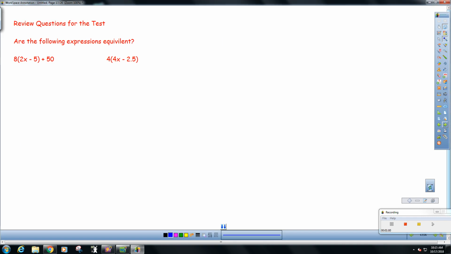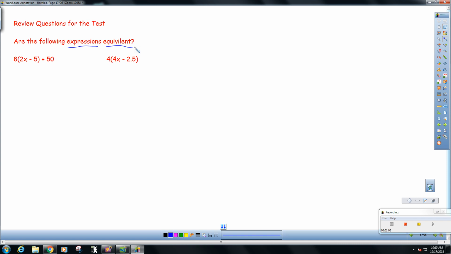Alright, so these two words confuse kids. Are these expressions equivalent? I think you might be able to understand what equivalent means. The same. It's got this root of equal in it somewhere. But what are expressions? Our expressions in math are like statements, but they don't have equal signs.